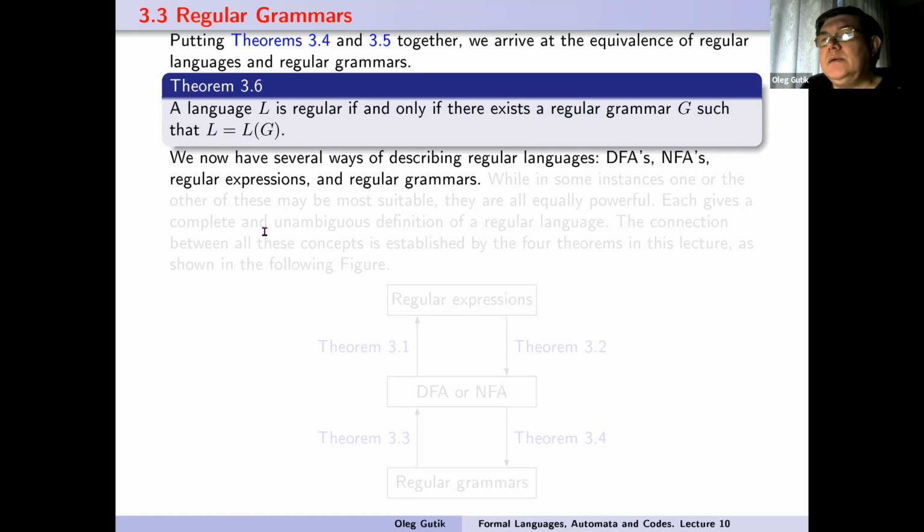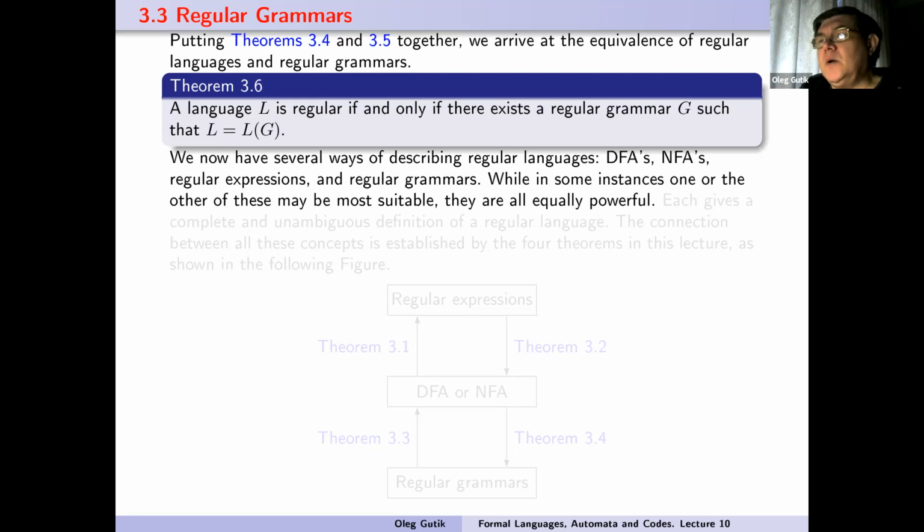We now have several ways of describing regular languages: deterministic finite acceptors, nondeterministic finite acceptors, regular expressions, and regular grammars. While in some instances one or the other of these may be most suitable, they are all equally powerful.